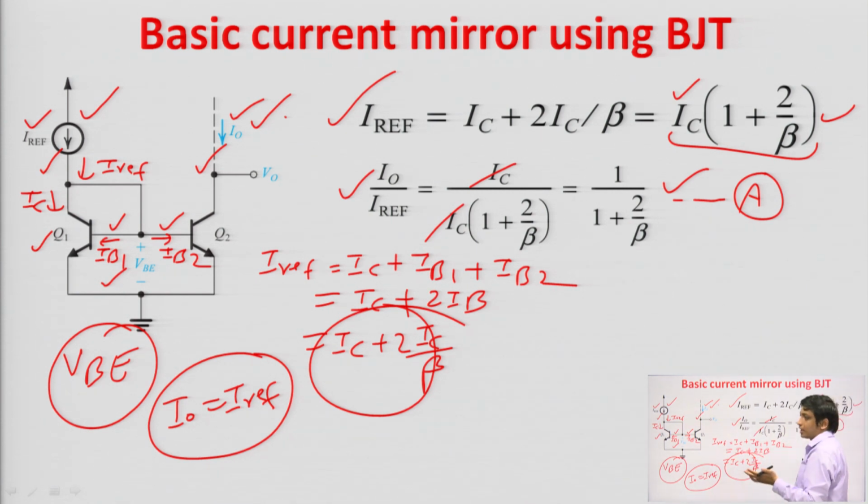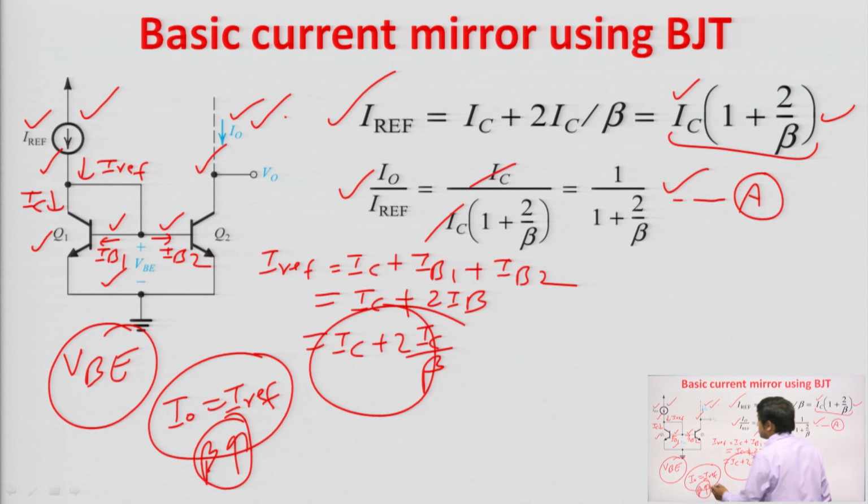So, obviously practically it is not possible to get beta equal to infinite. So, what we want? The beta should be as large as possible. So, in that case your current transfer ratio, that is I naught upon I reference, will be 1, fine. We will move towards the ideal case. The ideal case is the output current is exactly equal to input current. For that the beta should be high.